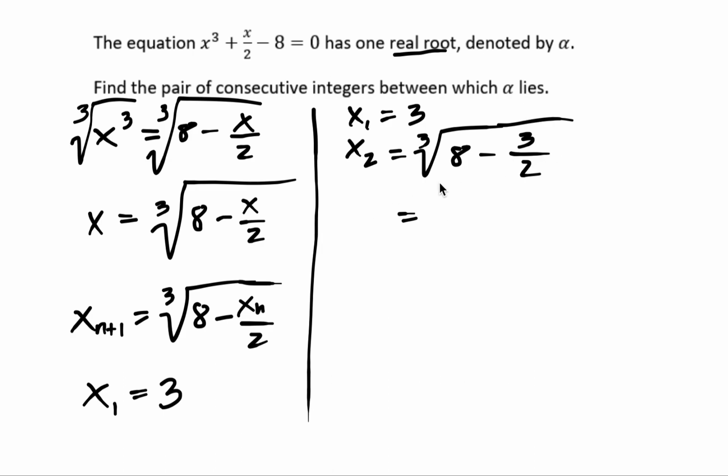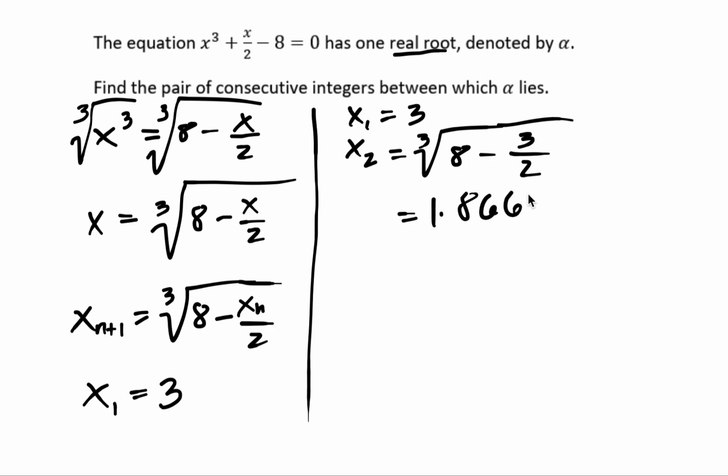This will give me a value of 1.866, if I just want to write 4 significant figures. However, I'm gonna extend this to the 5th decimal place, just to make sure that my final answer will be as accurate as it can be.